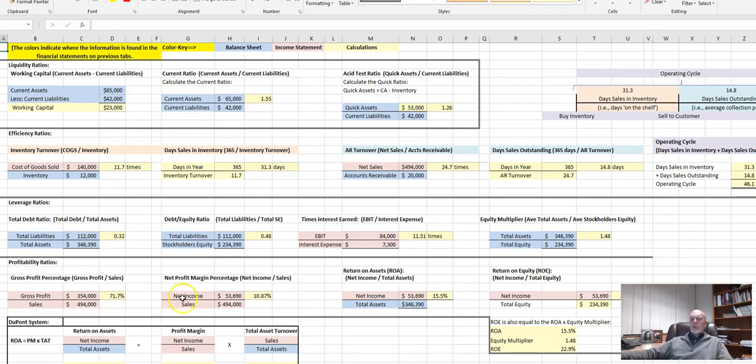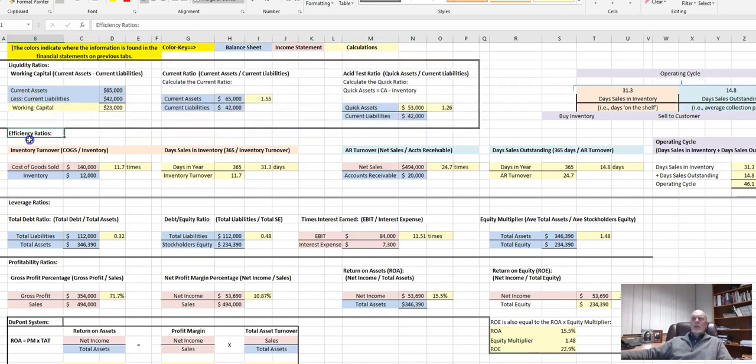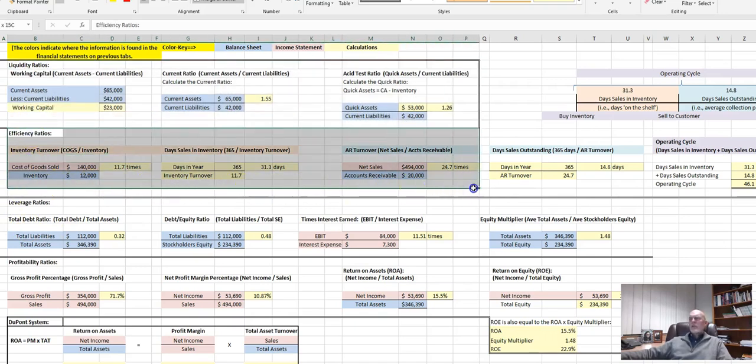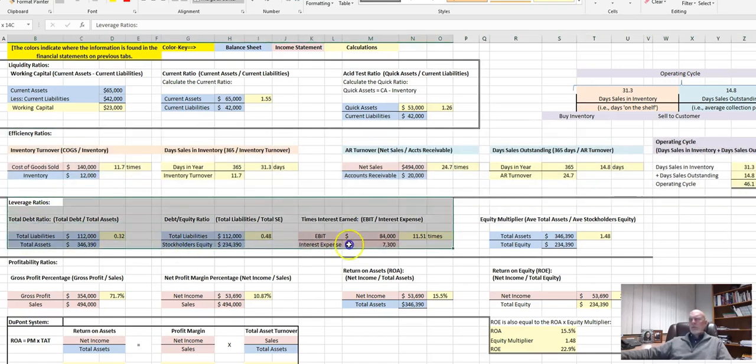So please don't be scared by this page. The way I have these listed is here we have some liquidity ratios going across, and then we have some ratios that measure efficiency, and then we have some ratios that measure leverage, or measures of the amount of debt that we have.